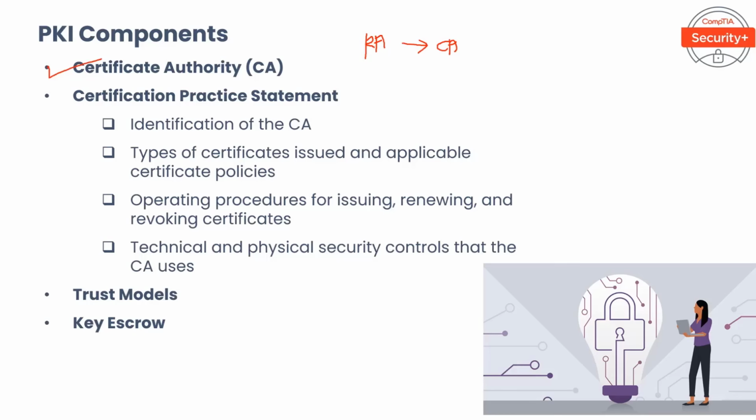CAs follow a chain hierarchy or certificate chain when verifying digital certificates to form what's known as a chain of trust. Starting with a trust anchor known as the root CA, certificates are trusted transitively through one or many certificates within the chain. Here is an example of certificate chaining.